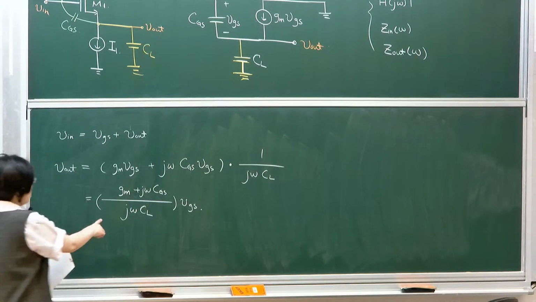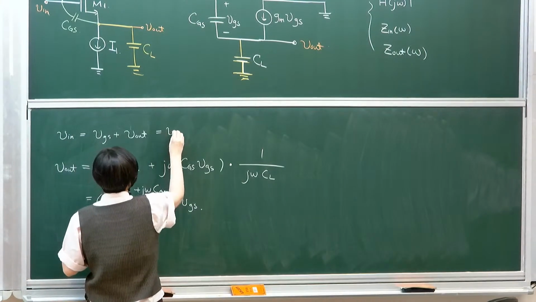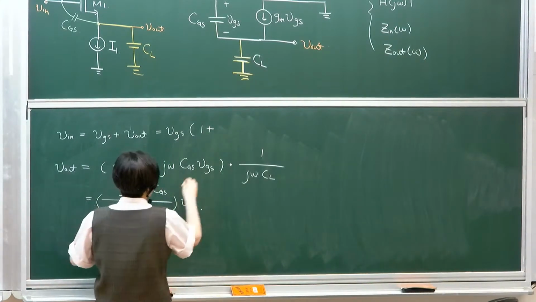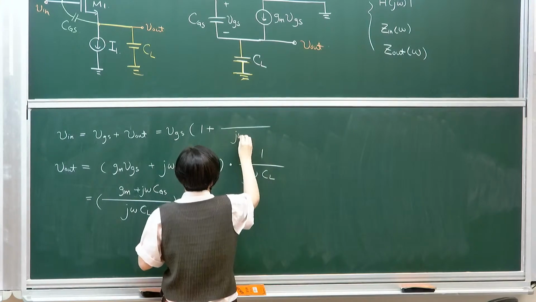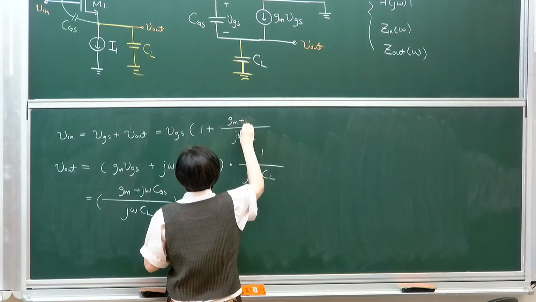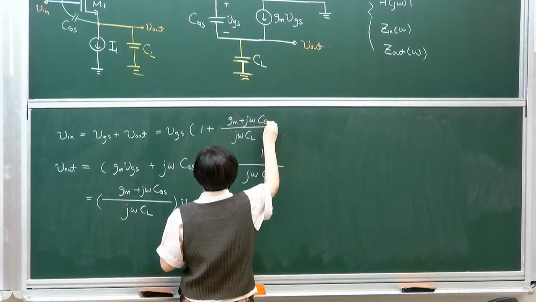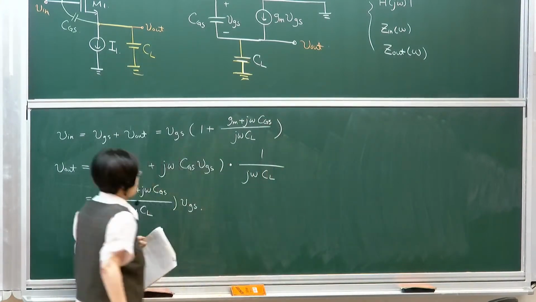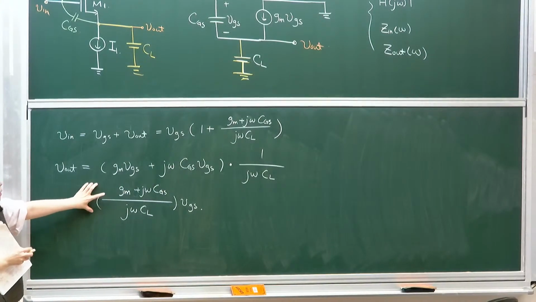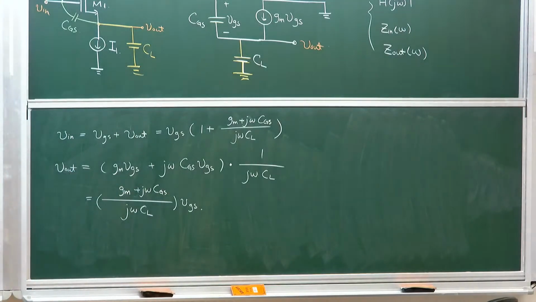So my input will be VGS times (1 plus (gm plus j omega CGS) over j omega C load). I'm simply moving the VGS out. So I can get Vout and Vin all in terms of VGS. That's the best way to get your transfer function.